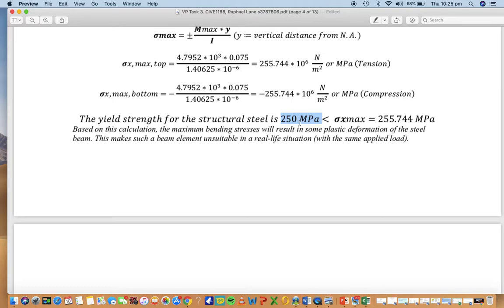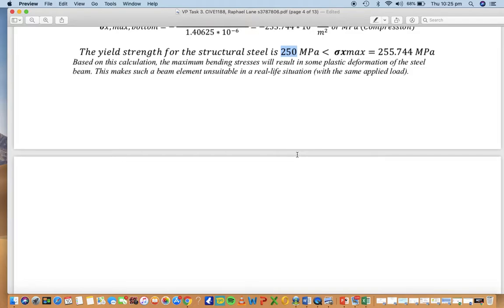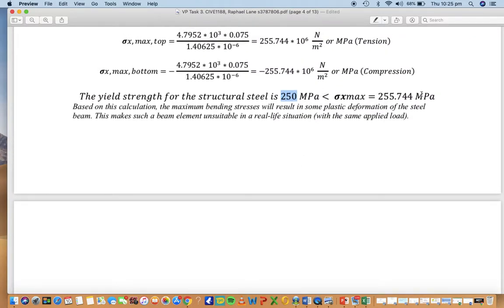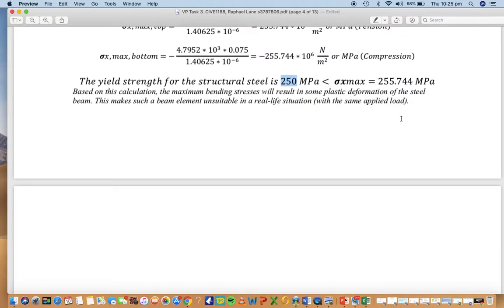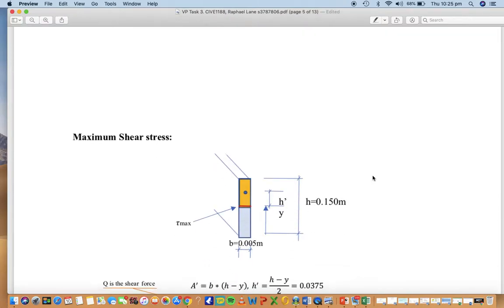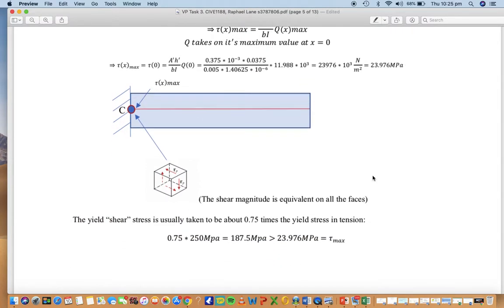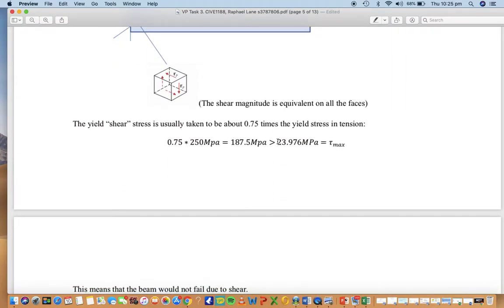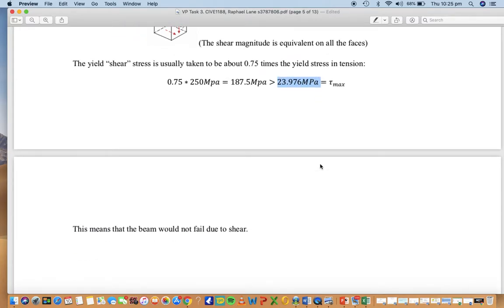And as you can see, the normal stress here does slightly exceed the yield strength. This means that there will be some plastic deformation, but it is not enough to cause a complete failure, since the ultimate tensile strength is 400 MPa. And here the maximum shear is quite a lot smaller than that as well.